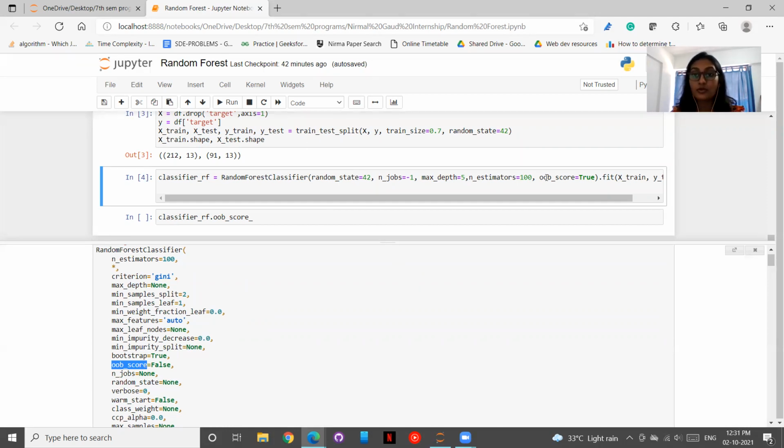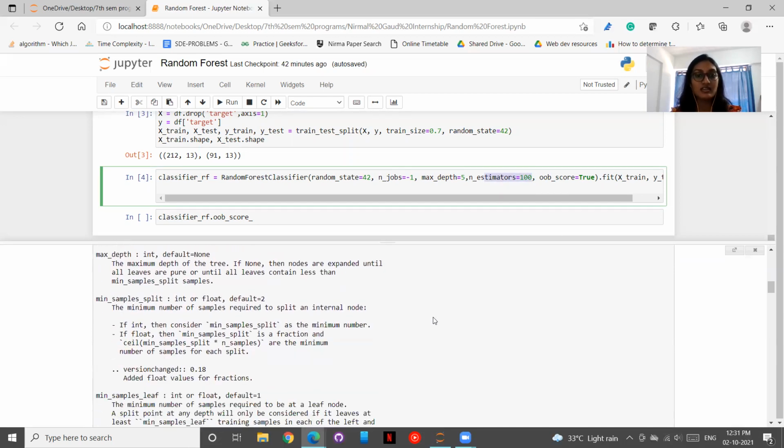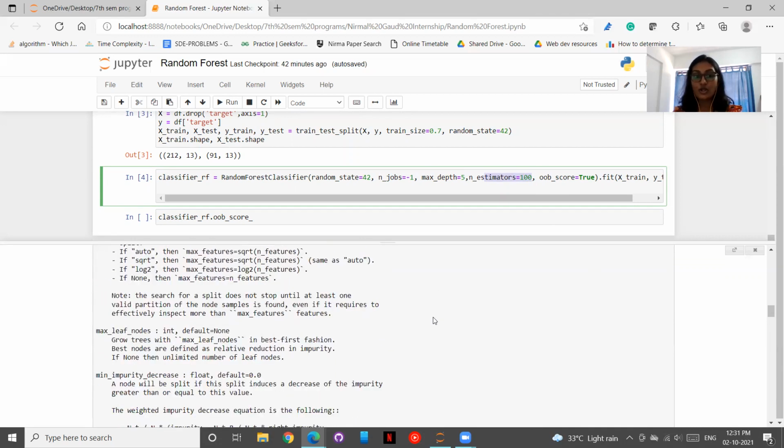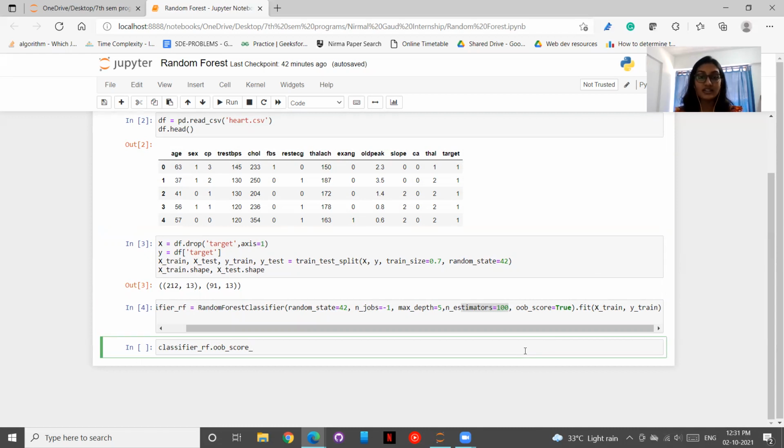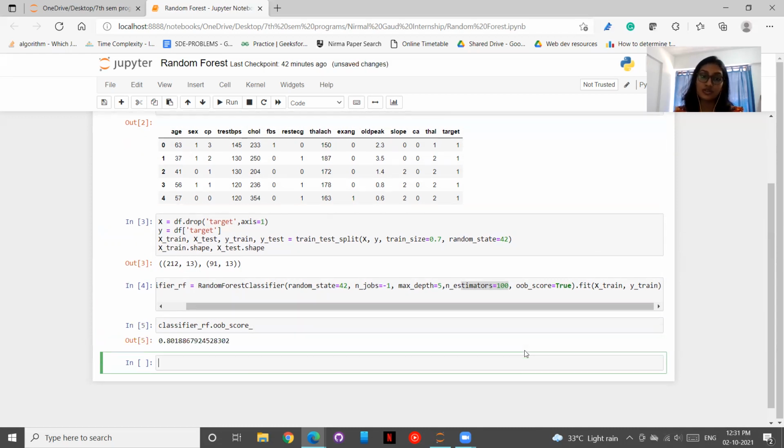So we have kept oob_score as true. This is our n_estimators, max_depth and different things, and this is the rest of the documentation that you can go through. Now we'll be fitting our X_train and y_train data. And as we just discussed, we'll see what our OOB score is. So our OOB score is coming to 80%, which is quite good.